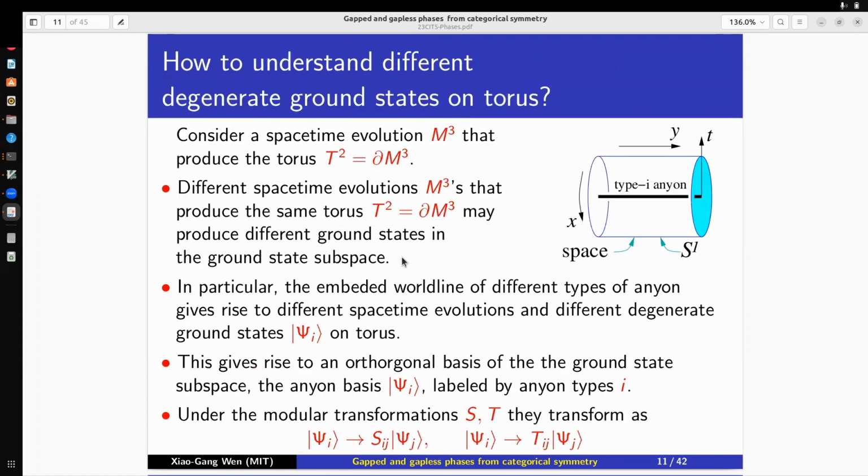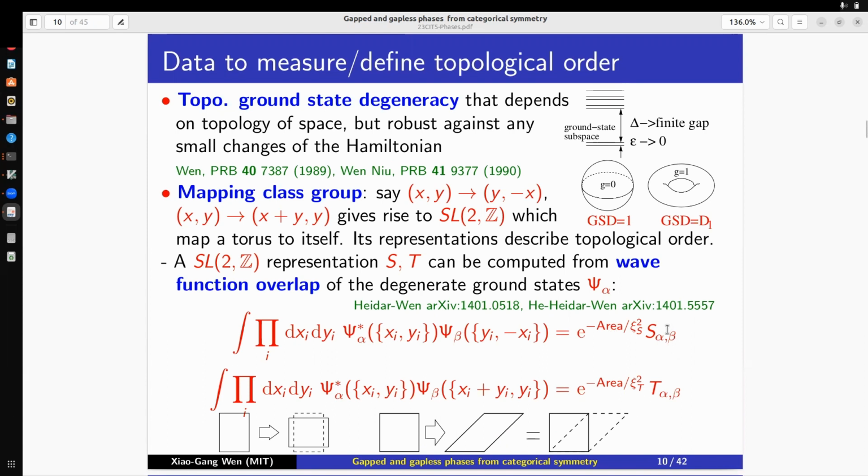Okay. And to understand this ST matrix, we also need to understand this degenerate ground state. How to understand different degenerate ground states from the quasi-particle picture. This understanding is necessary because the ST matrix, if you do this definition, is only defined up to the choice of basis.